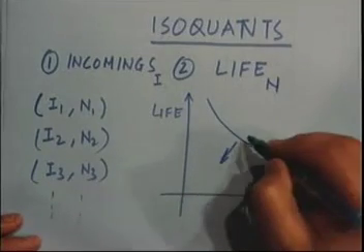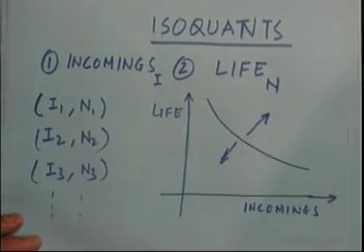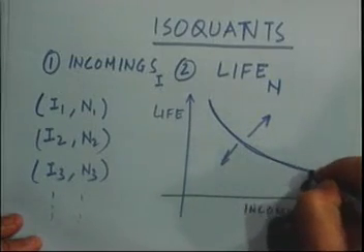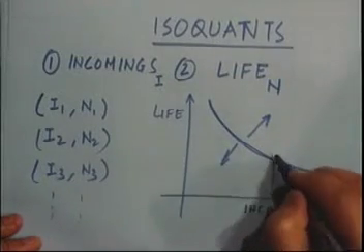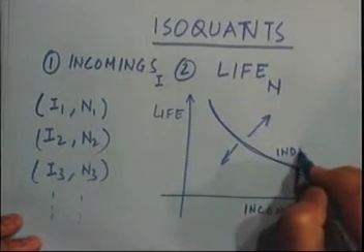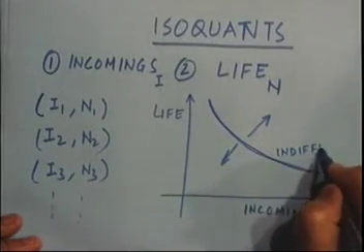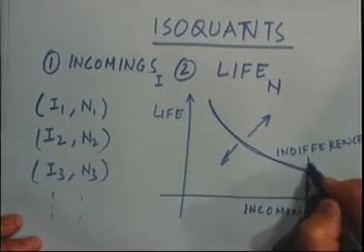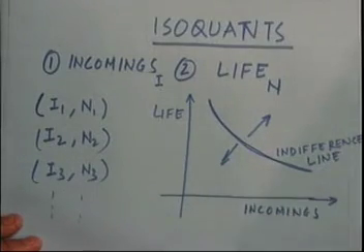One this side of this curve, another one is this side of this curve. And this curve or line itself is known as indifference line.